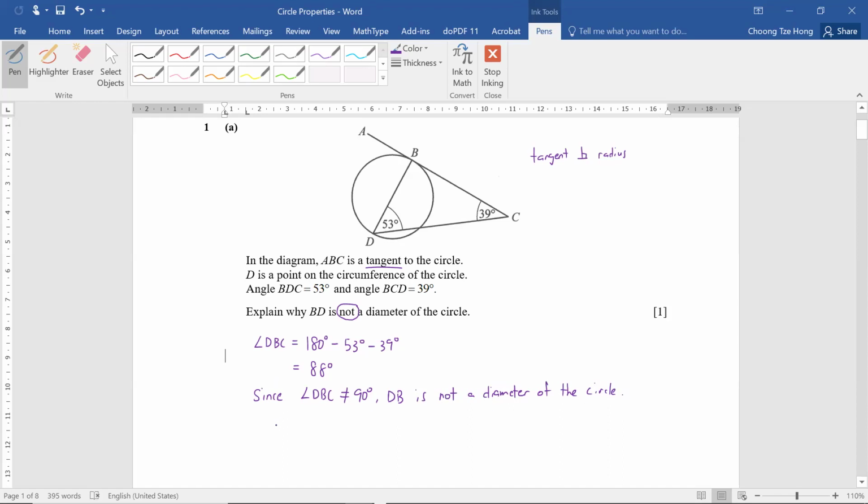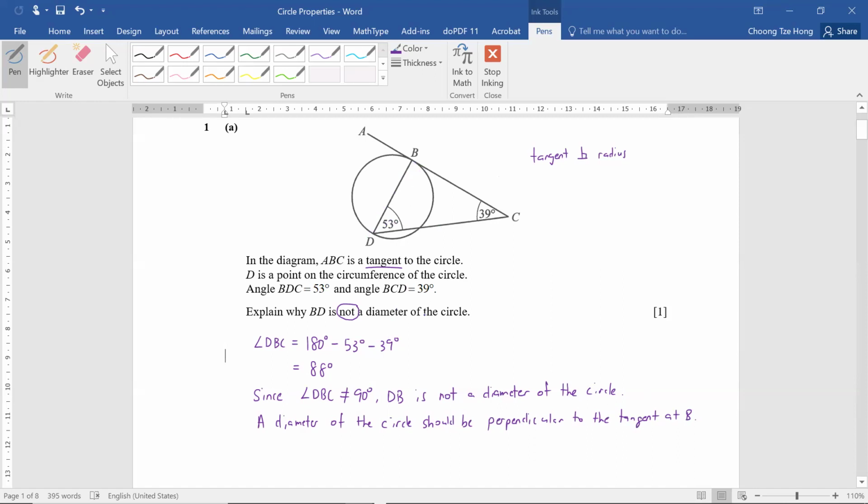A diameter of the circle should be perpendicular to the tangent at B. So we are saying that if BD is indeed a diameter, then it should be perpendicular. But in this case, angle DBC is 88 degrees, so it's not perpendicular.